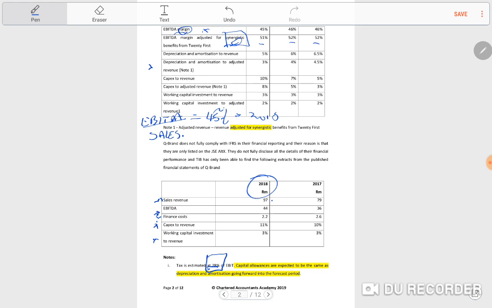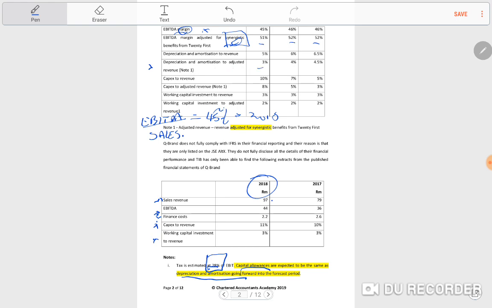Since we are valuing Q brand, we need to use the tax rate that is applicable to Q brand, not 21st. And also, capital allowances are expected to be the same as depreciation and amortization going forward into the focus period. So what was depreciation and amortization going forward? If you go back to our scenario, we're going to take the one that was adjusted for depreciation and amortization to adjusted revenue.